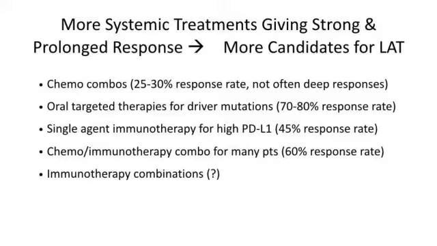Now, we always had chemotherapy with a response rate in the 25 or 30% range, but frankly, the duration of those responses is not typically as long as we would like, nor is it as deep a response. Yes, chemo is still active and a helper, but it's a different qualitative response than we get if we hit the cancer with something that is fundamentally driving it.